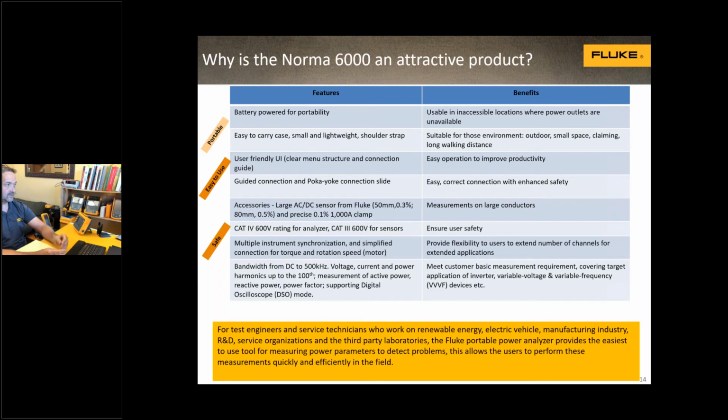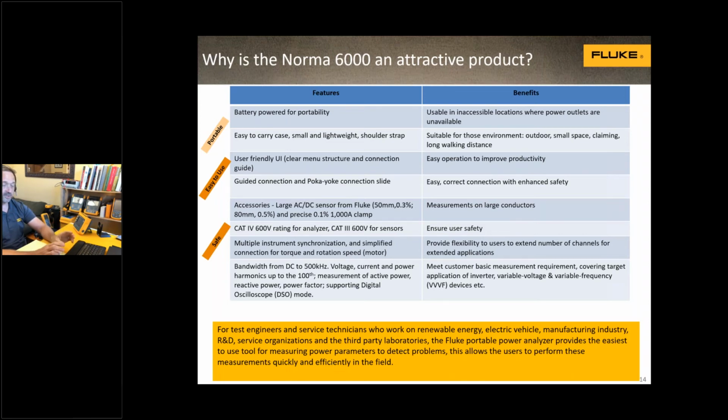The accessories: you have access to Fluke's i-series current clamps, anything that's designed for the scopes, the BNC connectors, those can all be used on this, as well as other companies' sensors, because you can custom key in the ratios for the particular current clamp you're using. The category ratings, as with most Fluke products, are all safety rated, to prevent the user from getting injured in the field or from transient energy exposure.